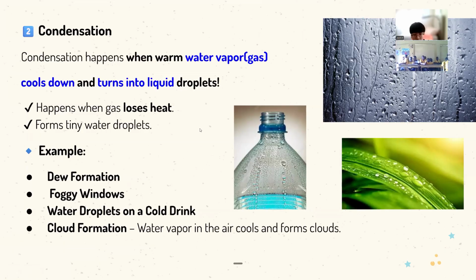So you have a lot of warm vapors in the air, which are gases, and condensation is the step where it just cools down and turns into liquid. Examples are dew formation, foggy windows, water droplets on cold drinks, and cloud formation. All of these are examples of condensation.